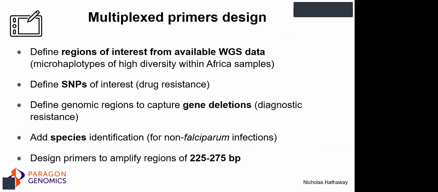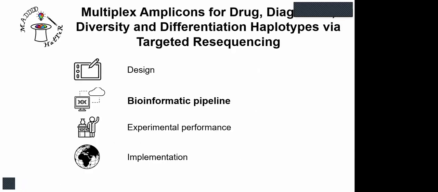And it also defines genomic regions to capture gene deletions for diagnostic resistance, and it adds species identification. So the primers are basically to amplify regions of about 225 to 275 base pairs in the chromosome.